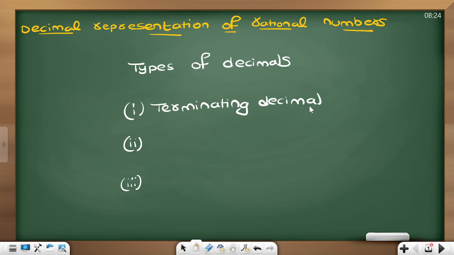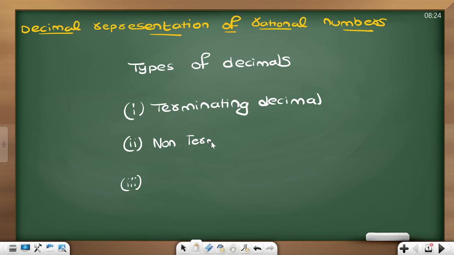Terminating means stopping. So termination, terminal. For railway, it's a railway terminal, that means railway stop. Bus terminal, bus stop. So terminating decimal.